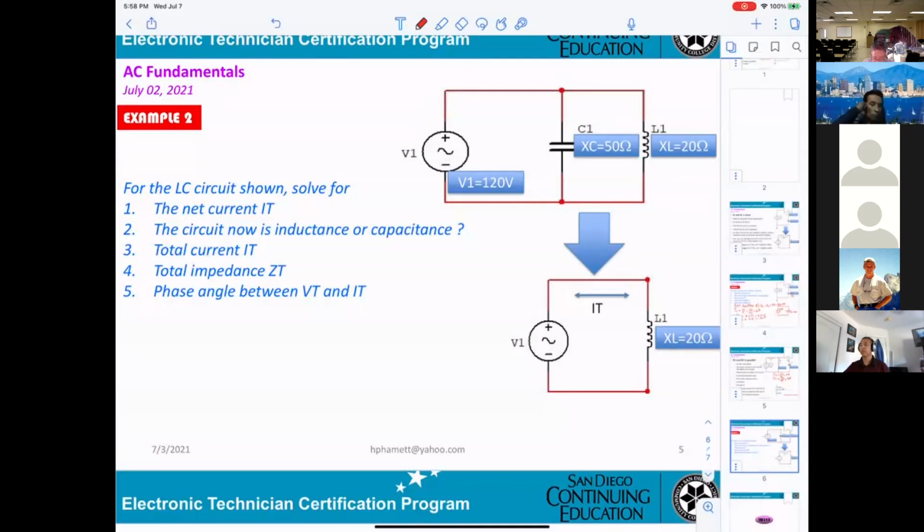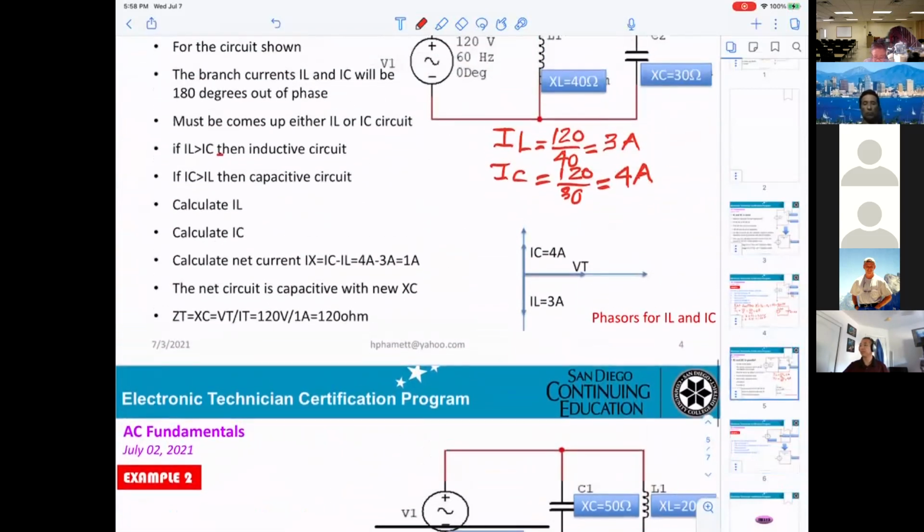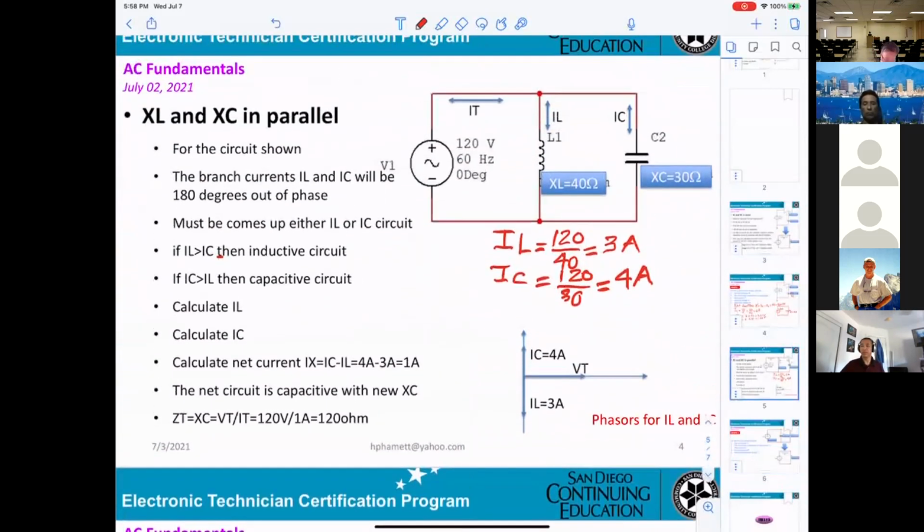Okay, so you come up with a new circuitry. On this one, I draw the new circuit. And that will be, okay, let's see, the net current flowing here will be 1 amp.